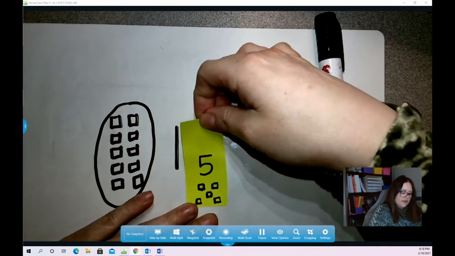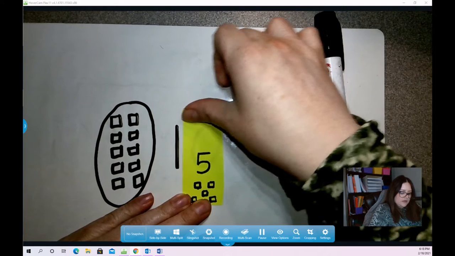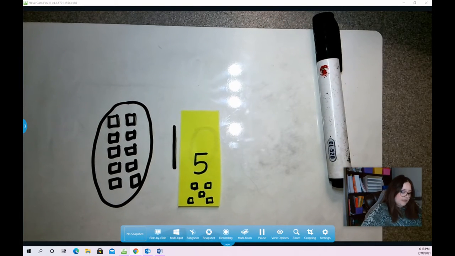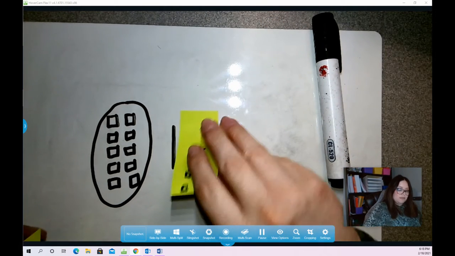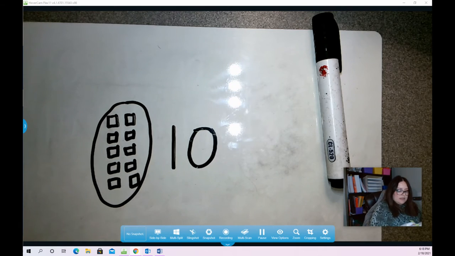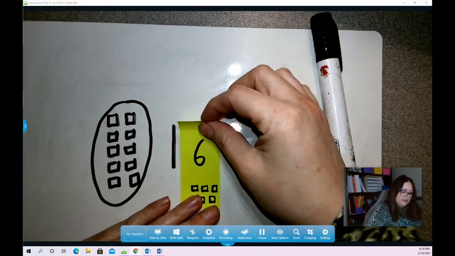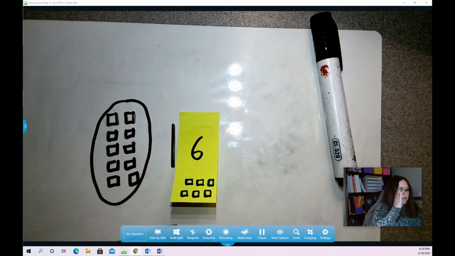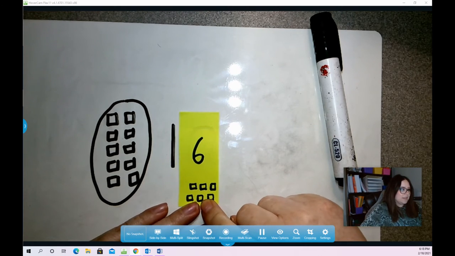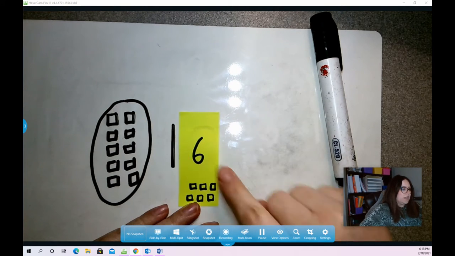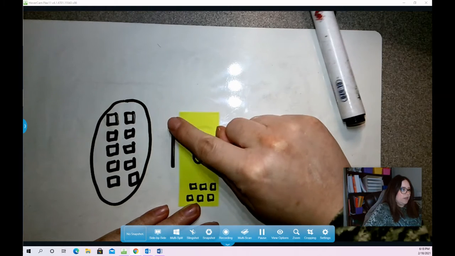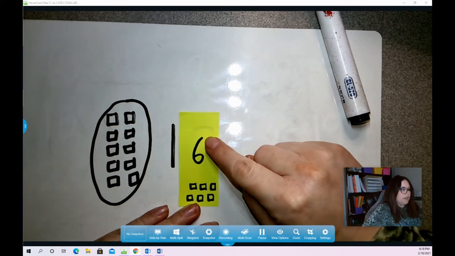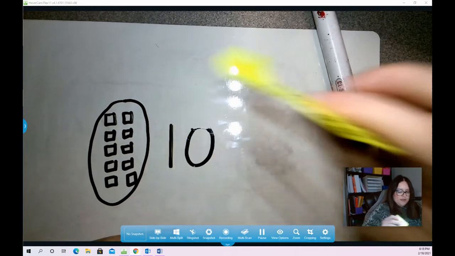10 and 5 more makes the number 15. And I'm going to go on until we get to the end. 10 and 6 more makes 16. One group of 10 and 6 more makes 16.